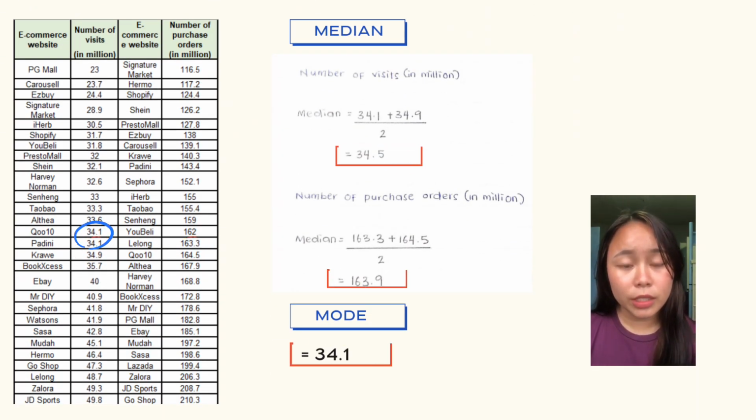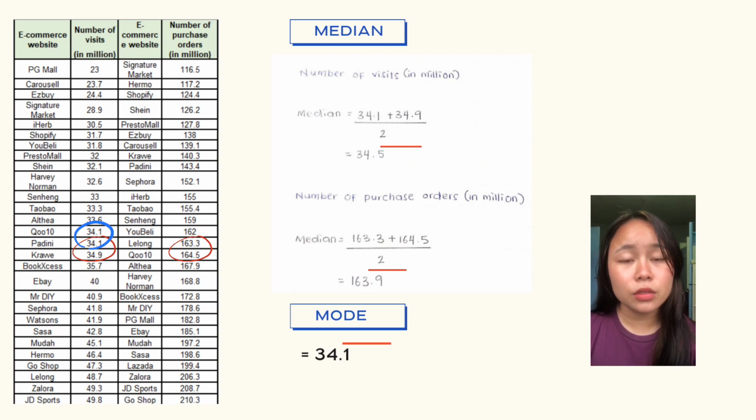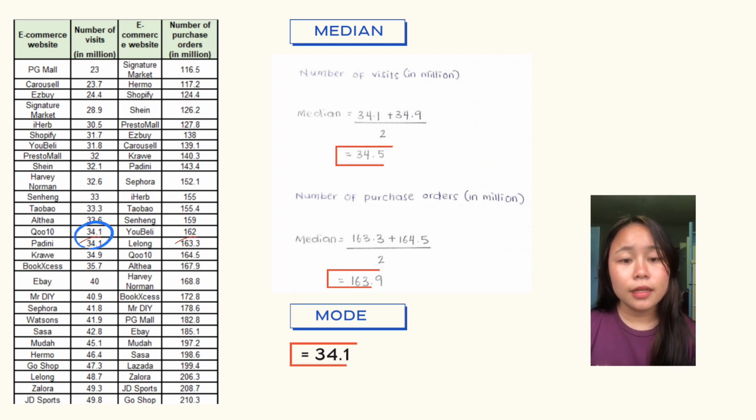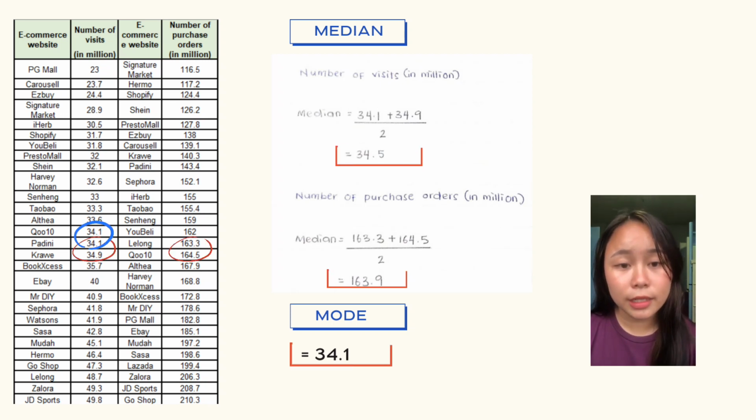Next is the median. In order to get the median, you need to put all the numbers in order and then find the middle number in the data, and you will get the answer.